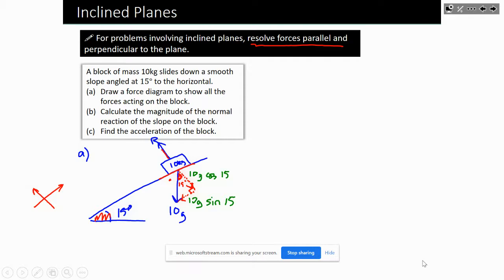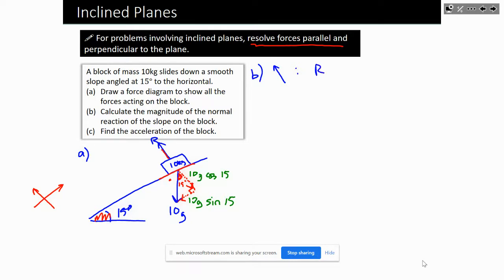So calculate the magnitude of the normal reaction to the slope. The first thing we're going to do, and this is generally good practice, is to resolve our forces perpendicular to our plane. Because we're not moving off the plane and we're not moving into the plane, our forces are going to be in equilibrium.